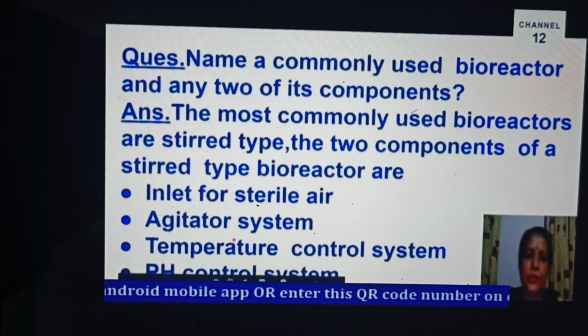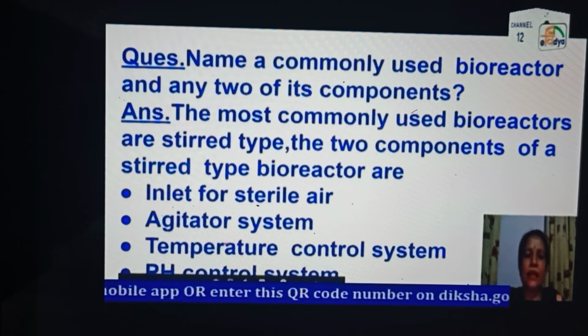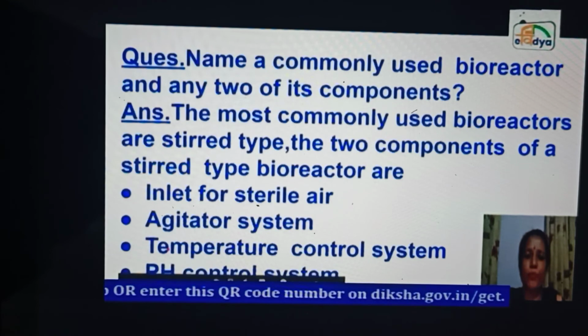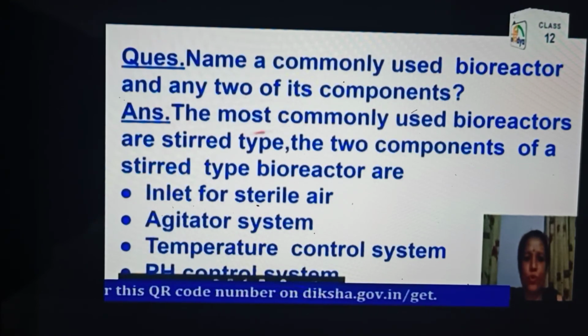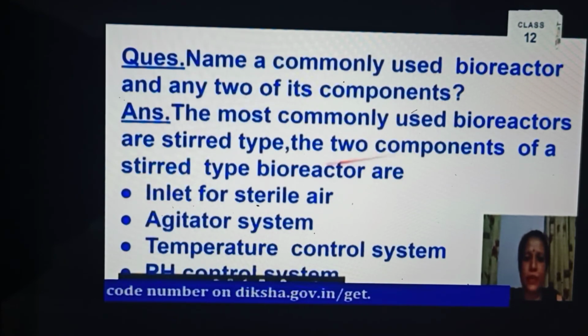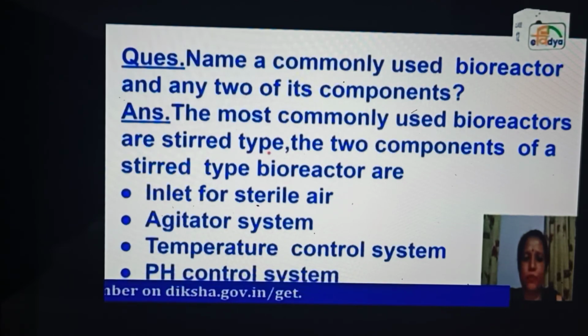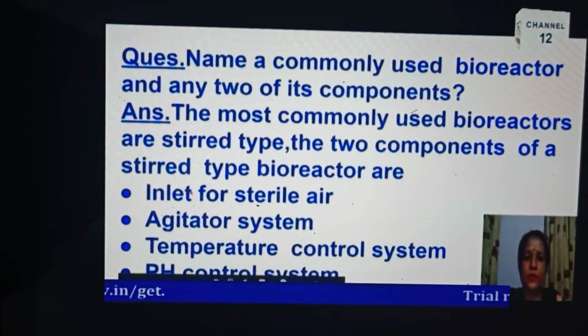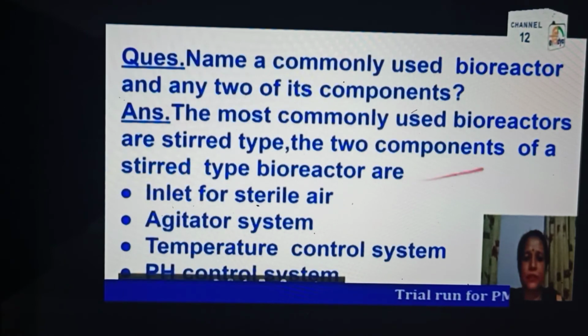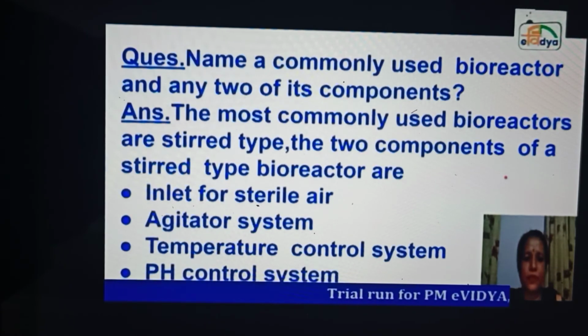Name the commonly used bioreactor and any two of its components. The most commonly used bioreactors are the stirred type of bioreactors. The two components of the stirred type of bioreactors, you can write any of these.